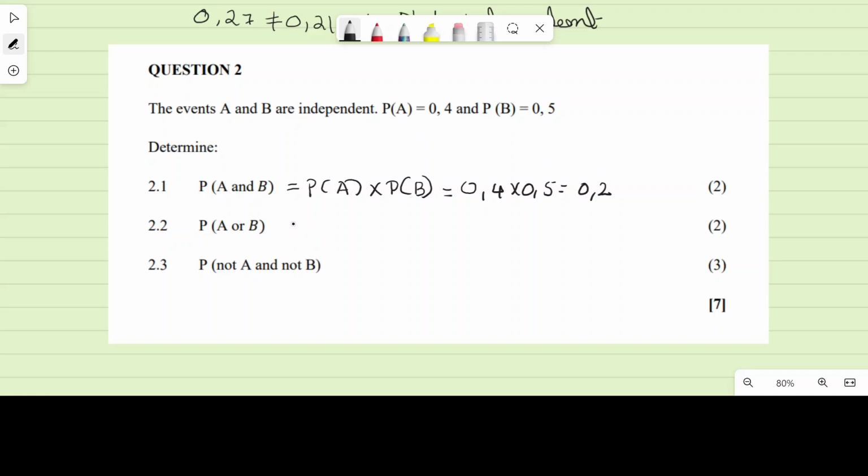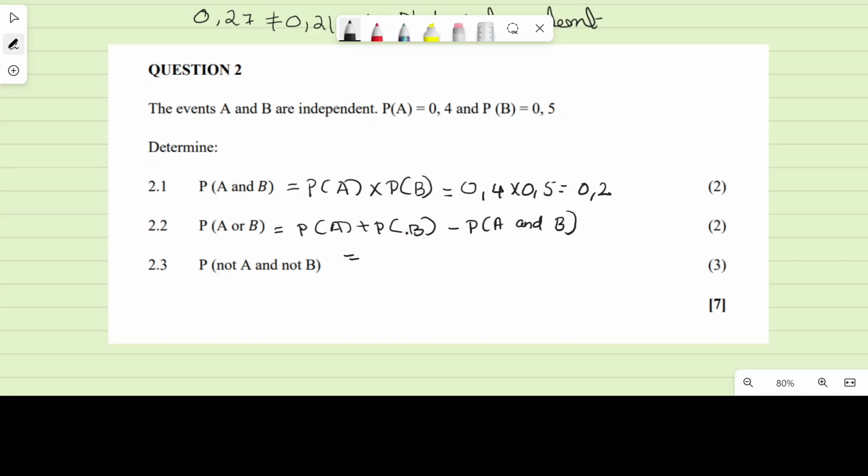Now P(A or B). We have this formula for P(A or B). That is a general formula: P(A) plus P(B), that is also in the formula sheet, minus P(A and B). P(A or B) equals P(A) plus P(B) minus P(A and B).